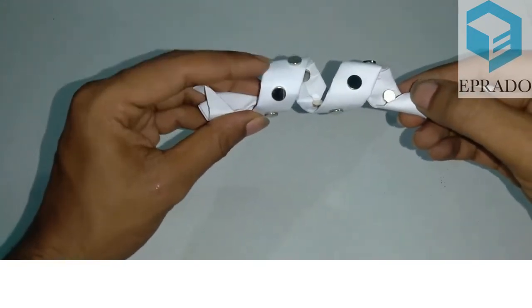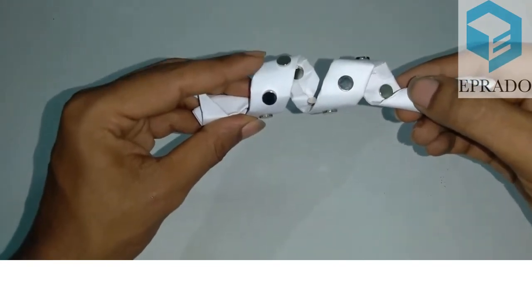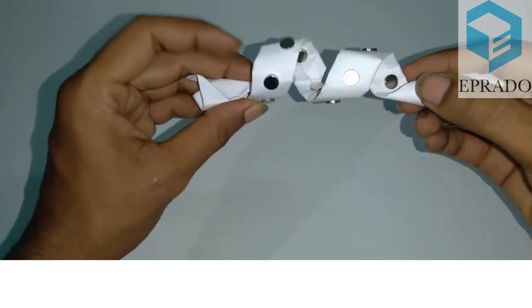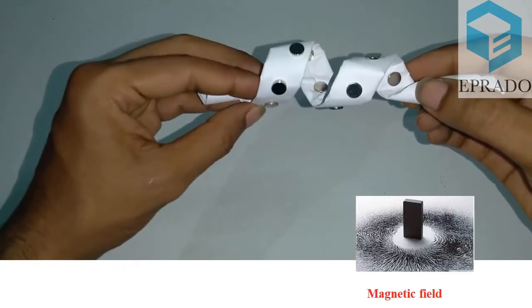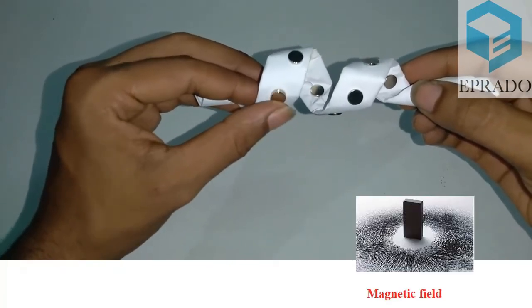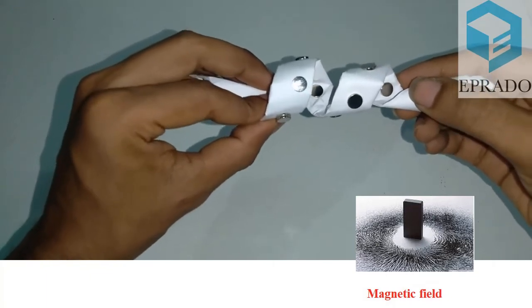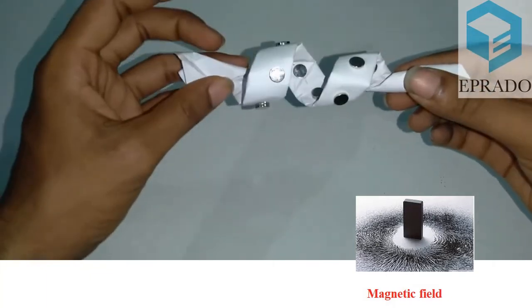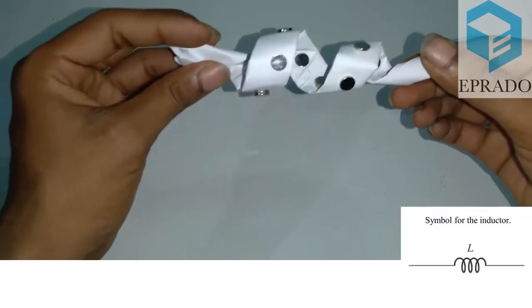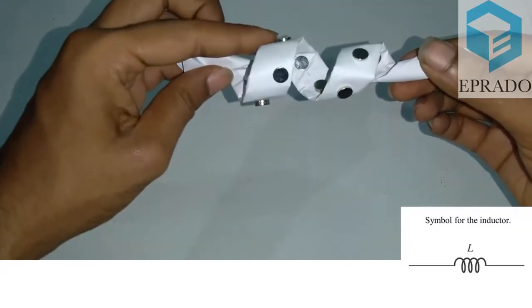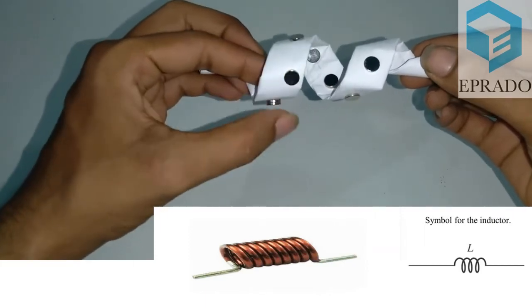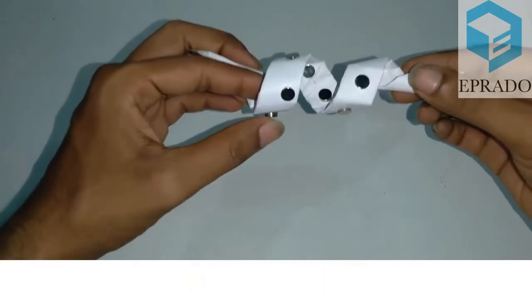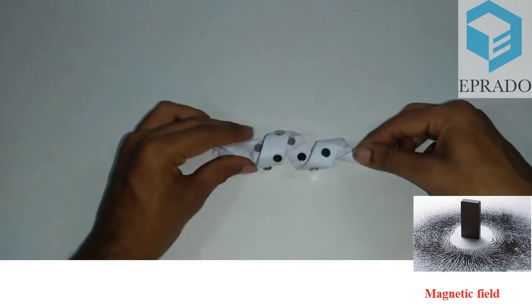So each turn is a winding. So each winding, that is each turn, emits a magnetic field in a particular direction. So this is the symbol of inductor. It is like a spiral coil, like a spring, but on its surface a magnetic field will be emitted.